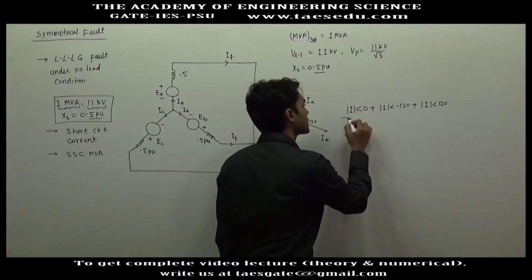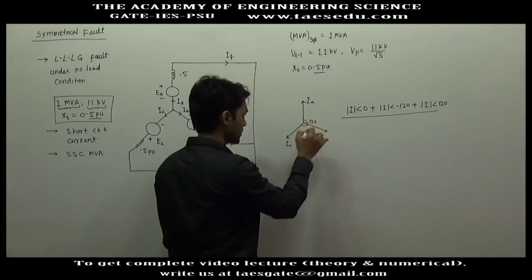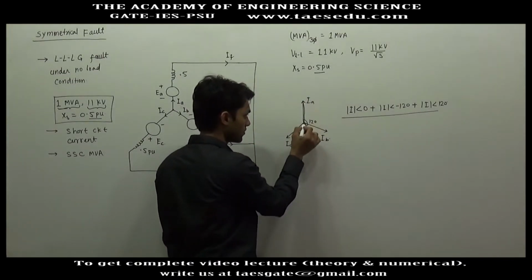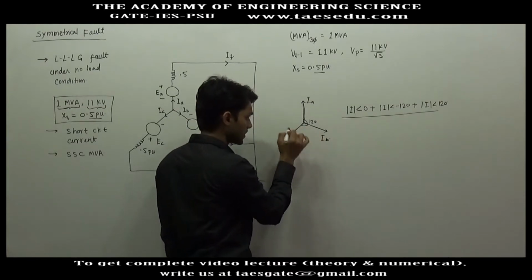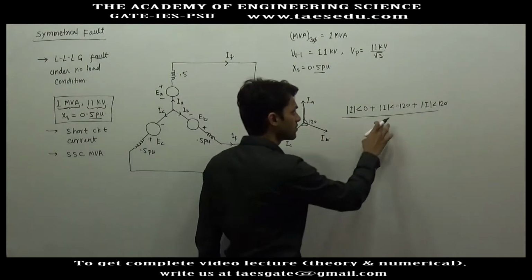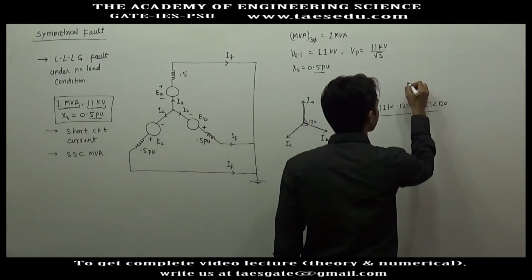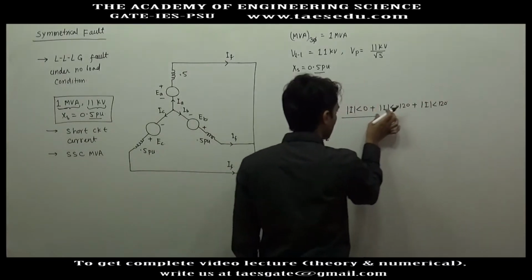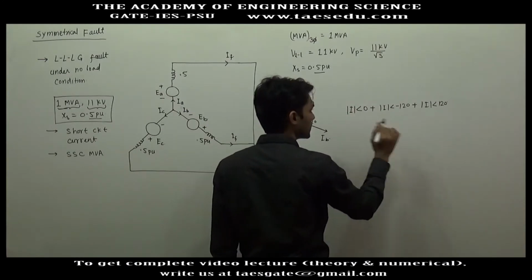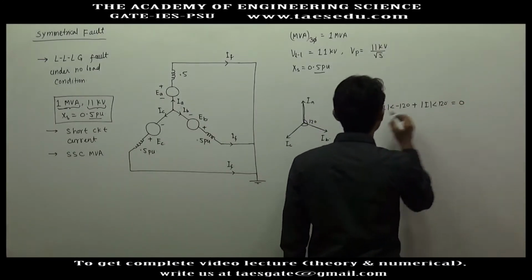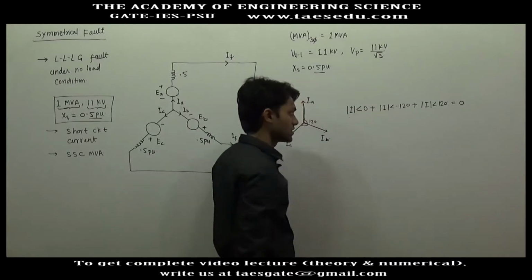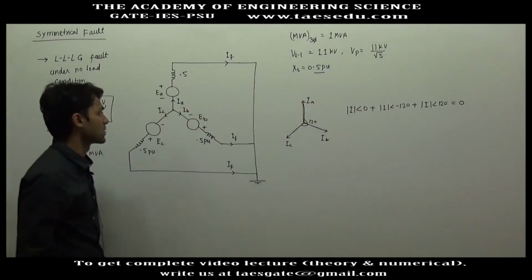And if you take the vector sum, from the symmetry in the diagram also, if you add these three vectors, you will get 0. It is very clear that the vector sum of all these three currents will be 0 if these currents are symmetrical.